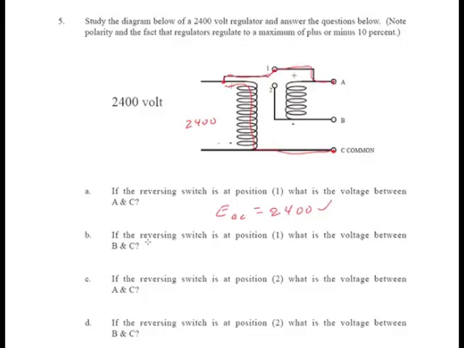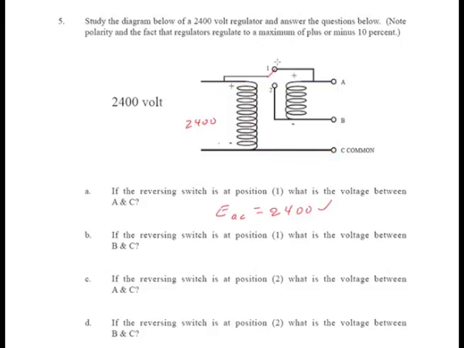Okay, now what if the reversing switch is in position 1? What's the voltage between B and C? Okay, B and C, let me get rid of these lines on here.